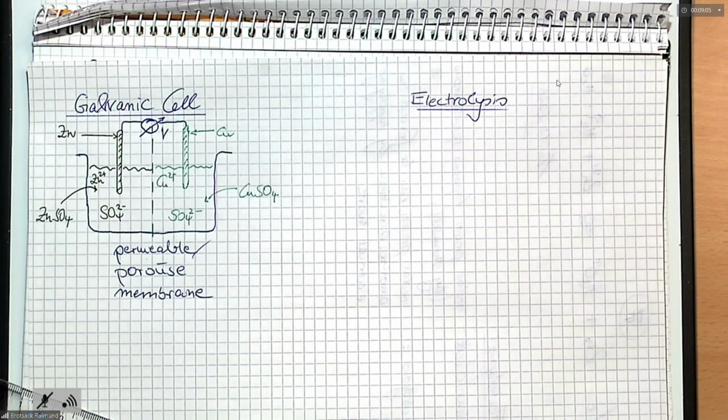So here, sulfate ions can pass. But what happens in that system? What's the initial process when you connect the zinc with the copper electrode, and in both systems you have the ions of the metals? So what happens on the left side? We just talked about it.